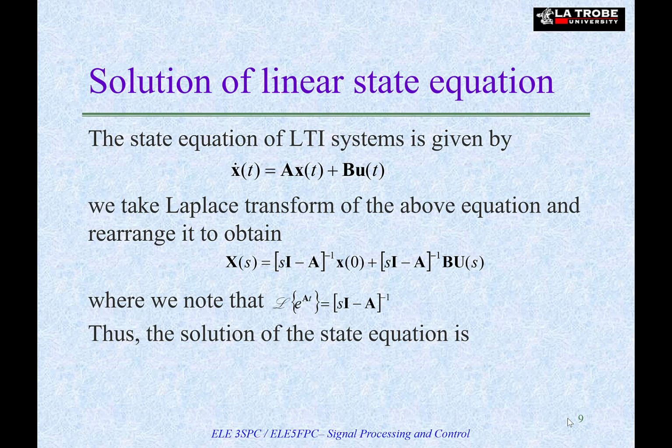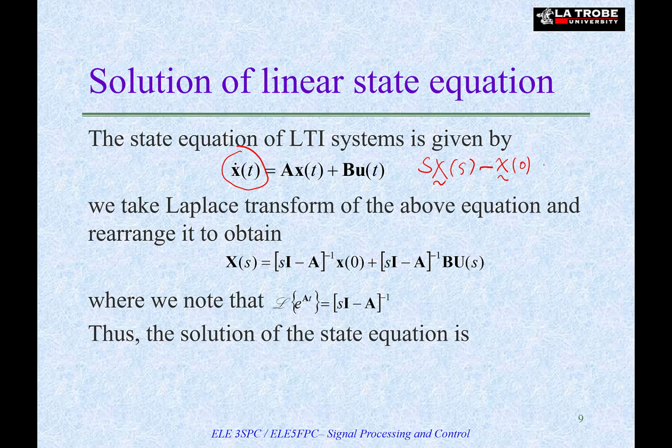When we take the Laplace transform of the state equation, we need to use the properties of the Laplace transform. The first property we need to use is the derivative law. So that's the left-hand side.